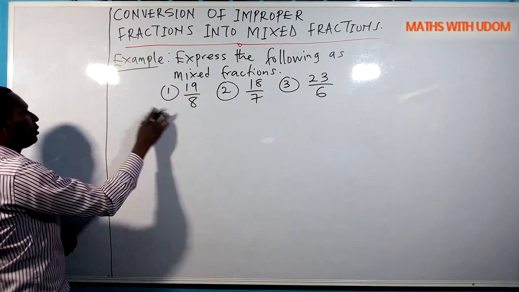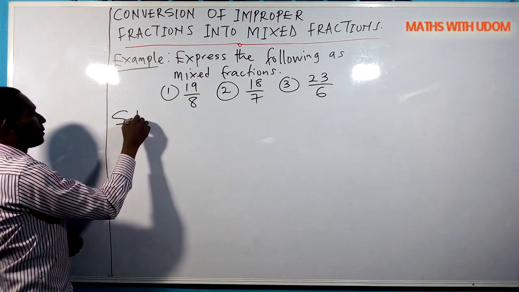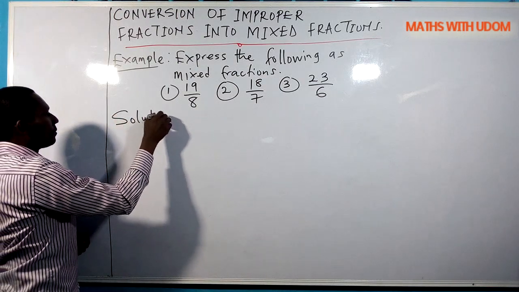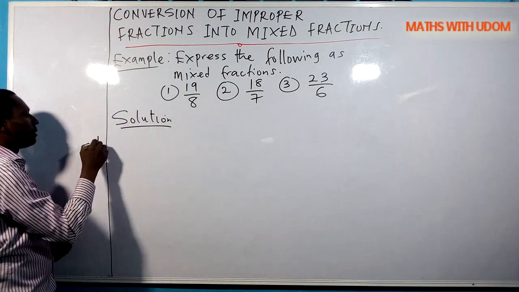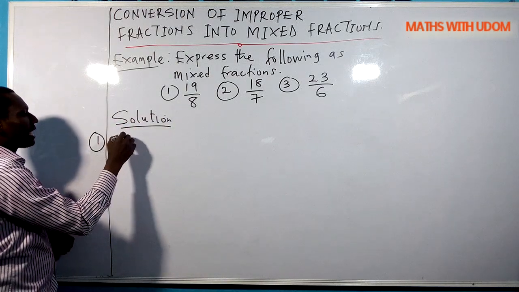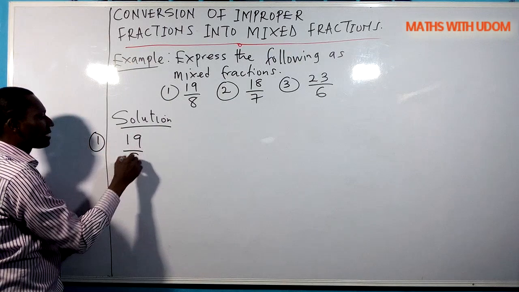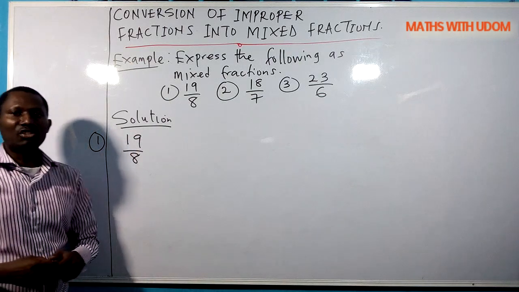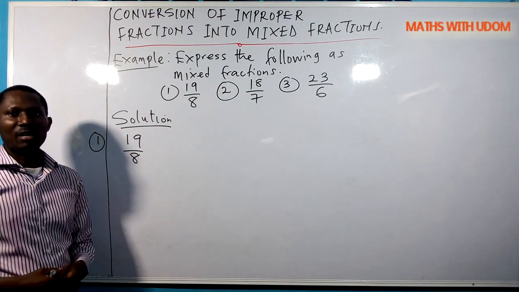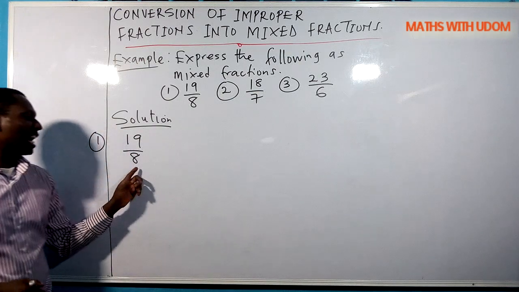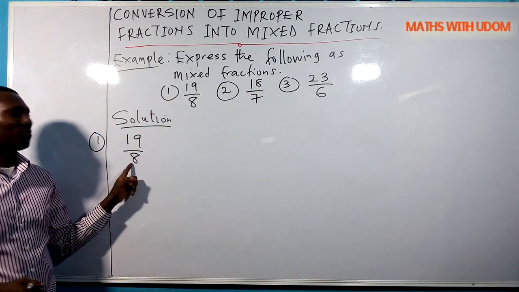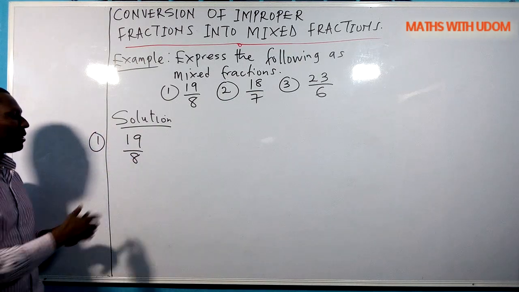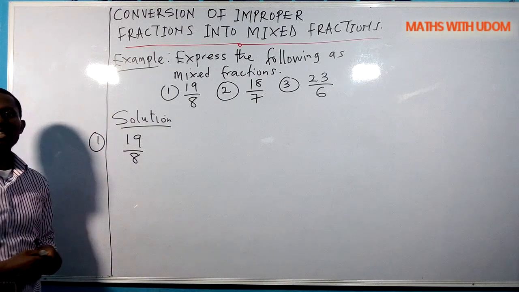Okay, solution. Number 1, we want to convert 19 divided by 8 into a mixed fraction. So the first thing is, how many times will 8 divide into the numerator? How many 8s can you find in 19?